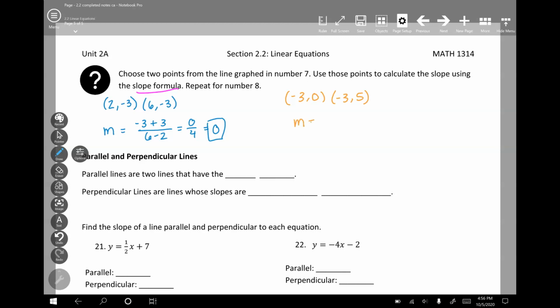So the slope here is going to be 5 minus 0 over -3 minus -3. So 5 over 0. We cannot divide by 0. So anytime you attempt to divide by 0, we're going to call that undefined.